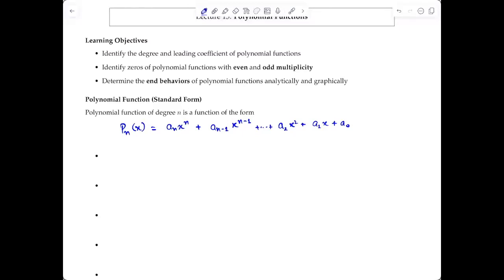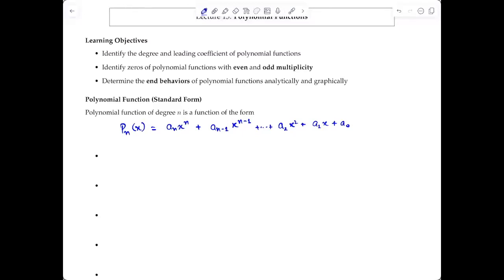All right. And by convention, we write the expression of the function from the highest power to the lowest power. So this is called a polynomial function of degree n because the highest power of x is n.